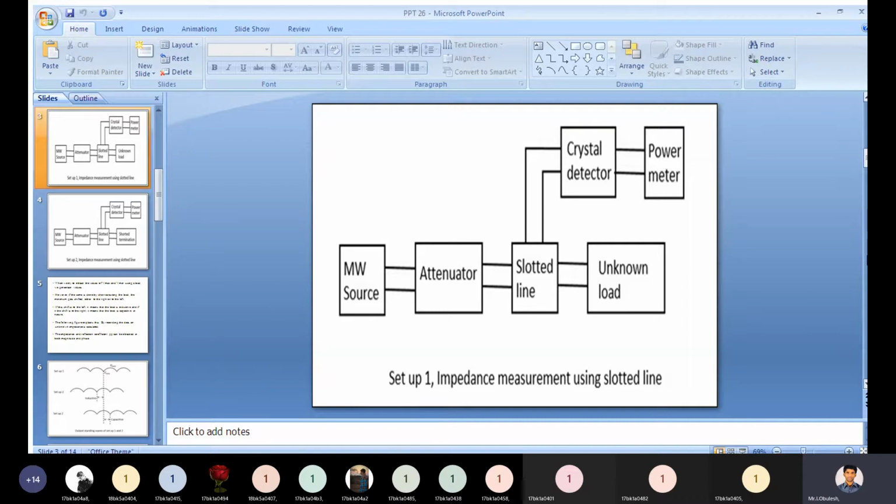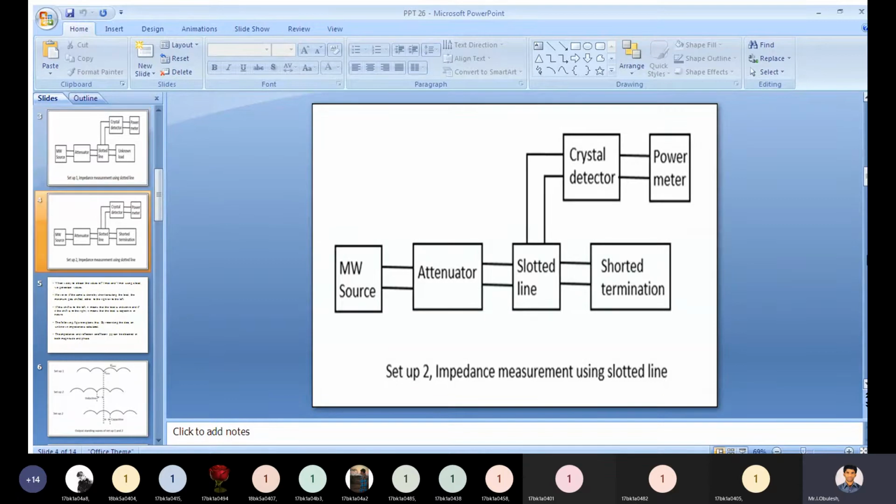However, if the same is done by short circuiting the load, the minimum gets shifted either to the right or to the left.